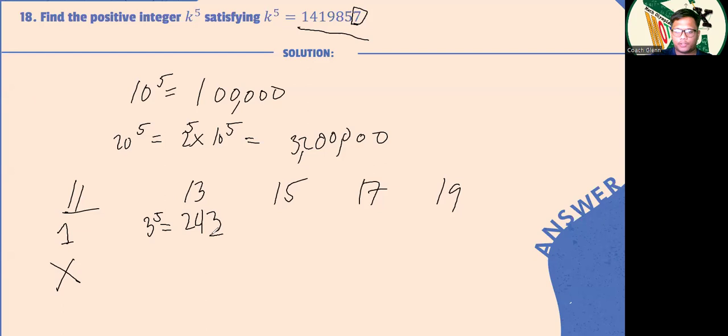So as you can see, the unit digit is 3, so that's also error. Wait, let me double check. Yep.